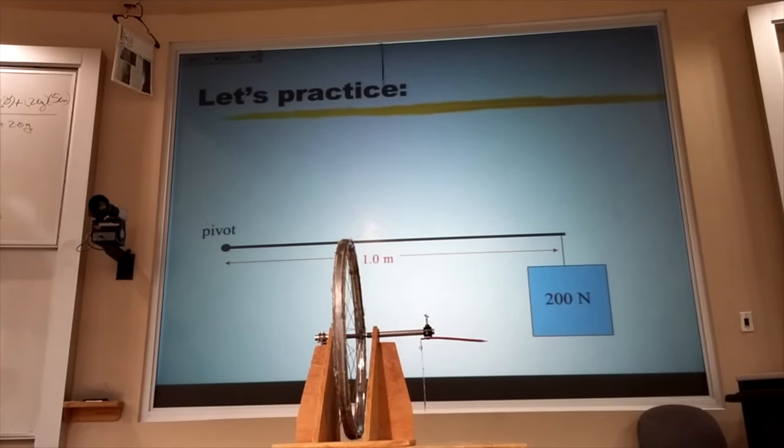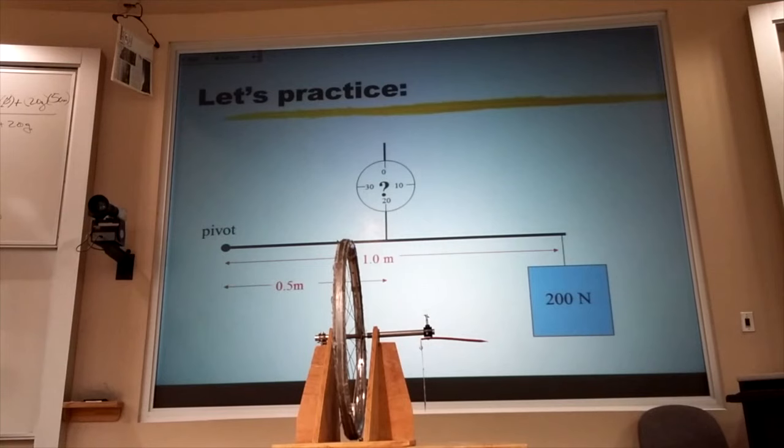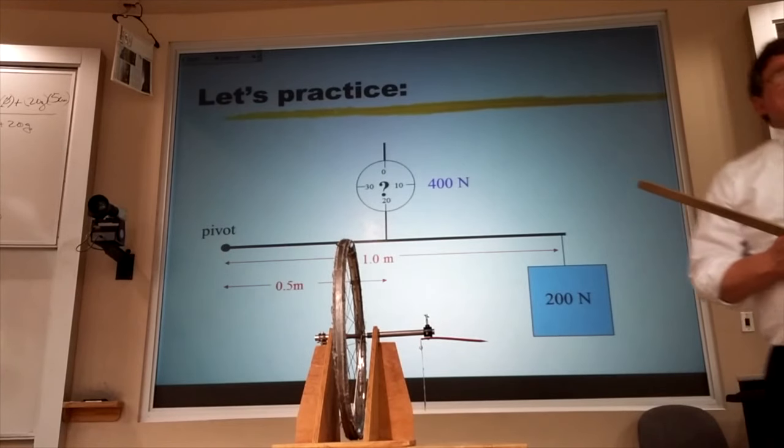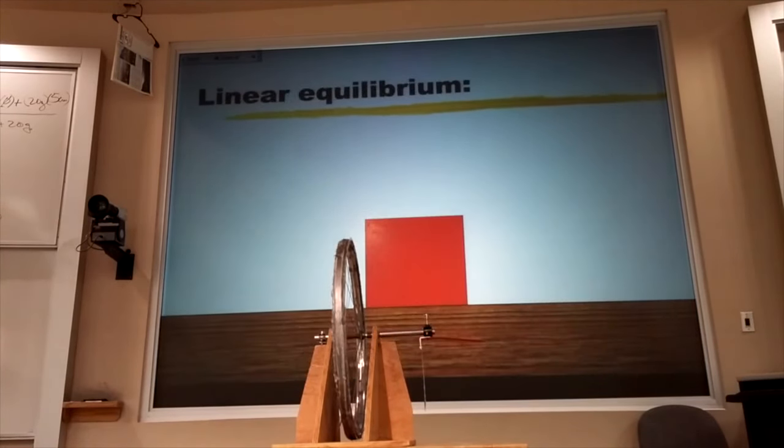But if instead I put the scale there, halfway down the rod, how hard am I going to have to pull with that spring scale to keep it from rotating? Yeah, the answer is 400. But why? Let me explain that.